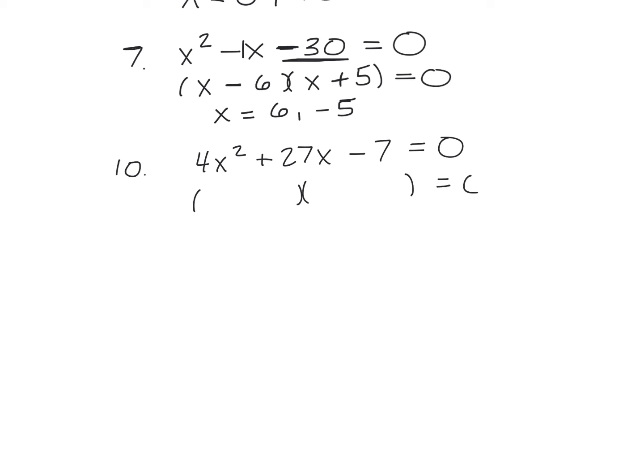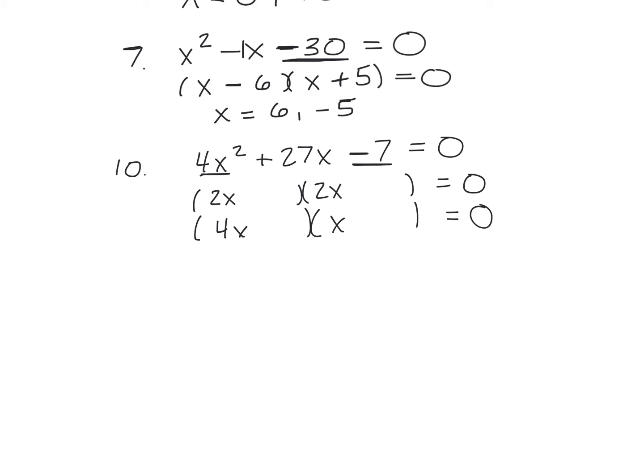Now, I'm going to show you a couple options here. We've got 4x squared. I could have 2x and 2x. I could have 4x and x. These are just options. Now, I'm going to look at the negative 7. The negative tells me one of each sign. My only factors of 7 are 1 and 7.